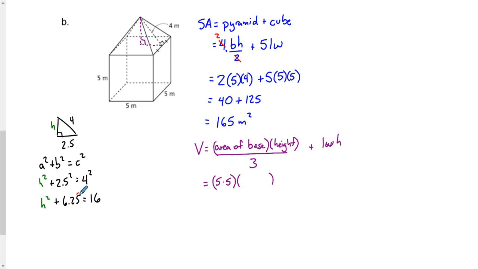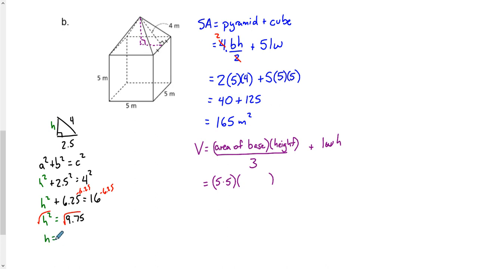So when we subtract off our 6.25, the height squared would be 9.75. Take the square root, 9.75 to the power of 1/2.